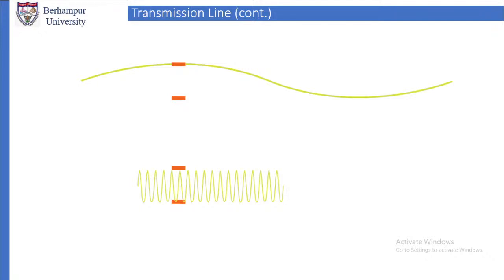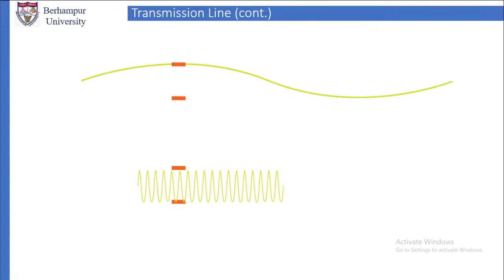You can always apply the transmission line theory, but here we do not require it, because the voltage over the transmission line section or the current over the transmission line section is constant. It is not changing. Look at the top figure. That is what we are discussing. So since it is not changing, we are not required to apply the transmission line theory.